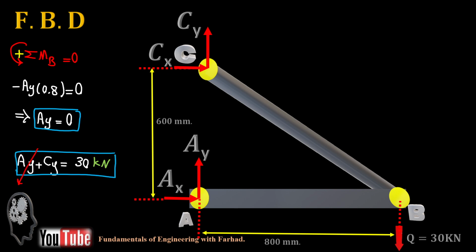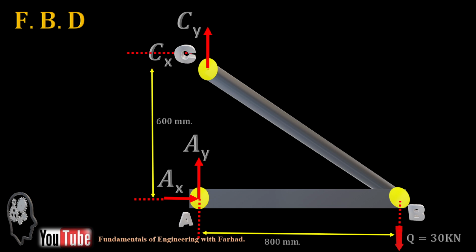If AY is 0, replacing it in the previous equation gives CY equal to 30 and AY is 0.